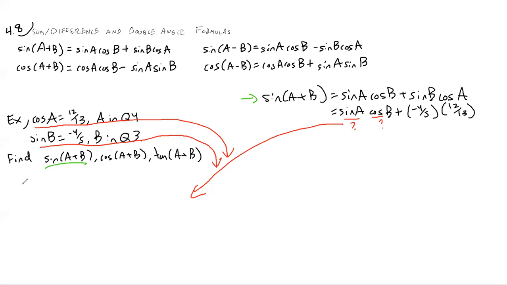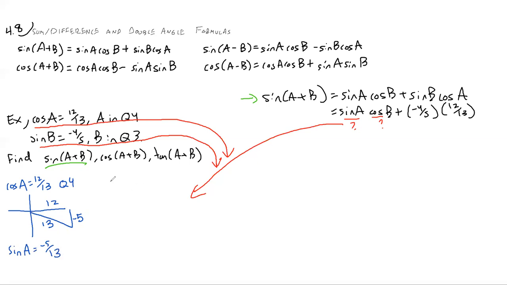So for example, for A, cos A is 12 over 13, and it's in quadrant 4. So that tells me that it should look like 12 over 13. Using the Pythagorean theorem, if I solve this triangle, I'll get 5 for the other side, and negative because it's downwards. And so that tells me that sine A is negative 5 over 13.